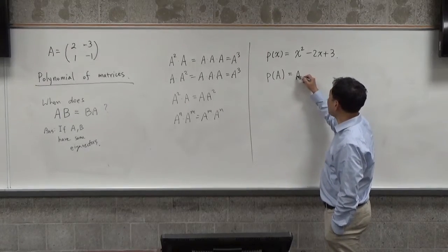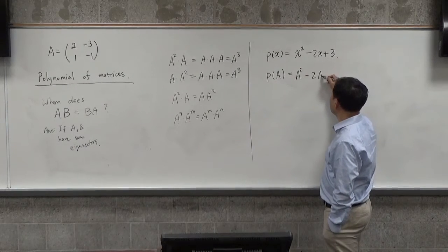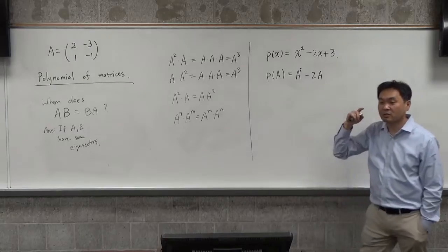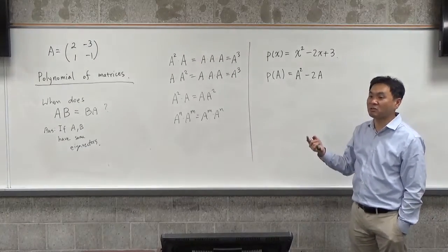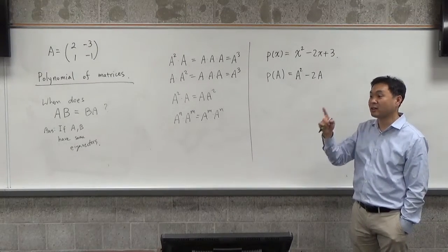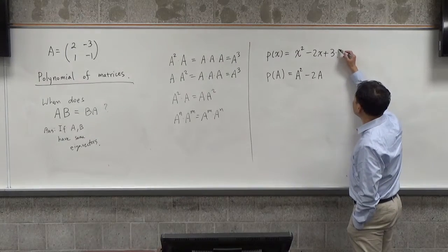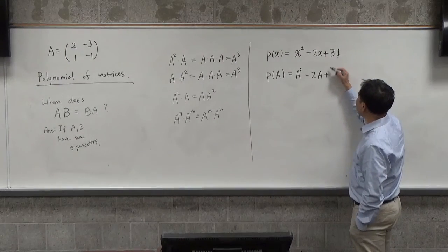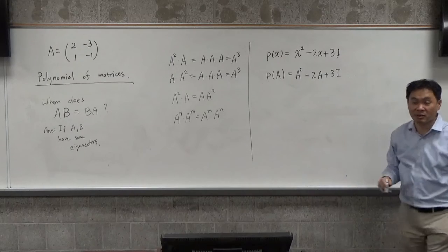That means I'm replacing x by A. But in the multiplication of matrices, what acts like 1? The identity matrix, right? So you can think of 3 as 3 times 1 and replace it with 3I, where I is the identity matrix.